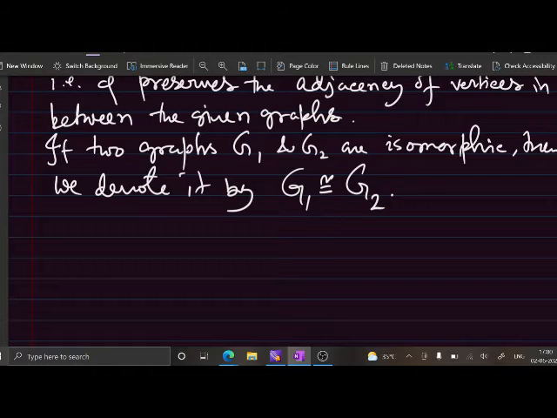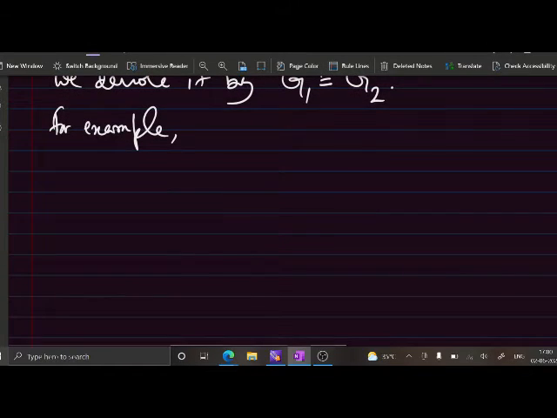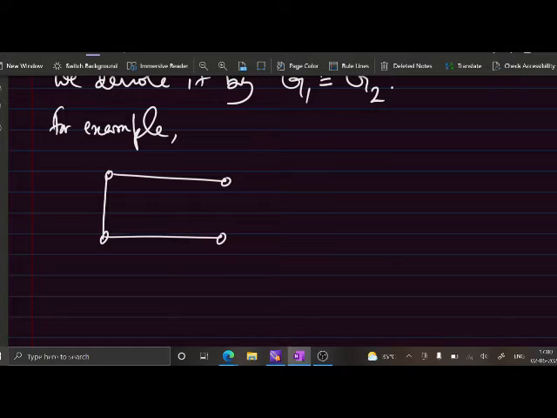Okay. For example, suppose we consider a graph like this. Okay, and they are connected.